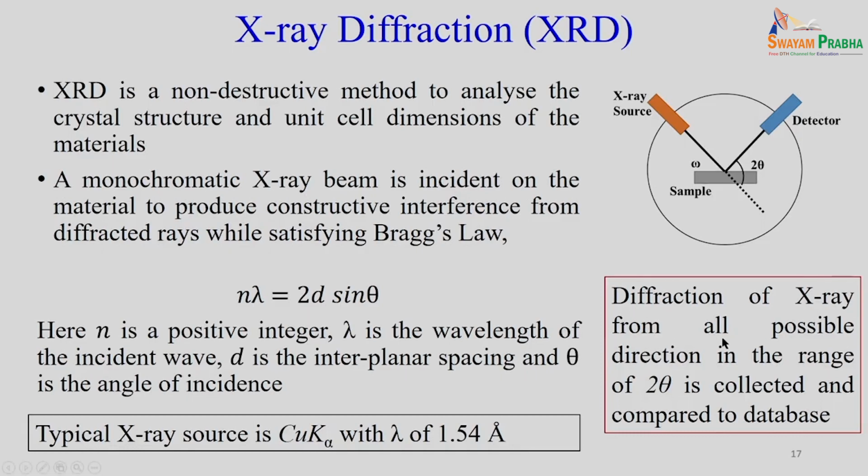Diffraction of X-ray from all possible directions in the range of the 2 theta value is collected, and again this diffractogram, or you can say the spectra of the sample, is compared with a database to analyze what its particular phase is and what its crystal structure is. So, we analyze the unit cell dimension, the crystal structure and the phase also.